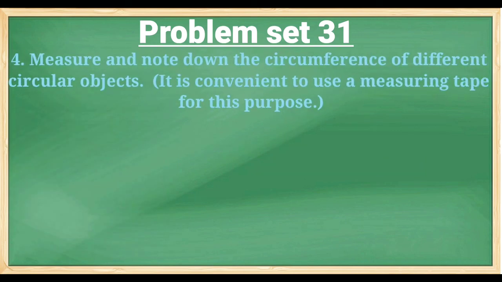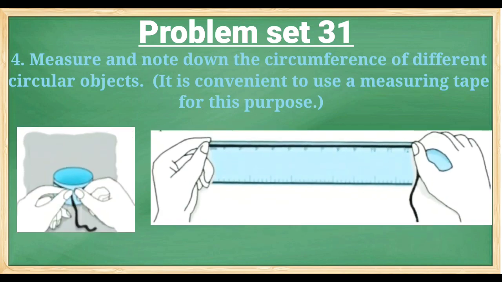Question 4. Measure and note down the circumference of different circular objects. Now, to measure the circumference of any given circular object, you have to take a circular object, for example a bowl, a bangle, a ball, etc. After that, wind a string once around the bowl and make a full circle around it. Then unwind this circle and straighten it out.